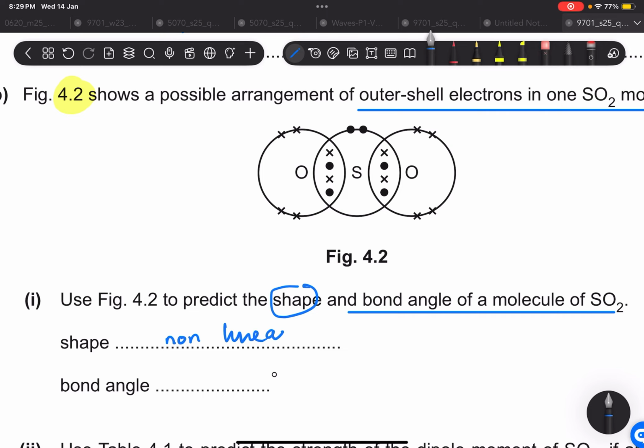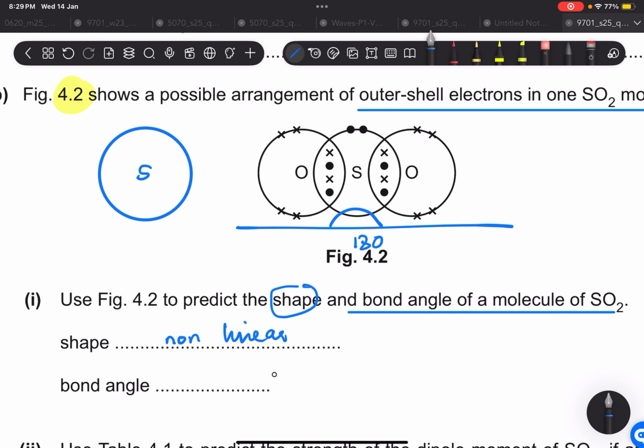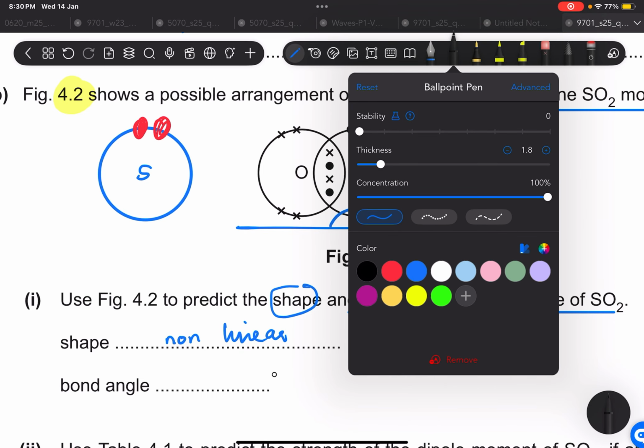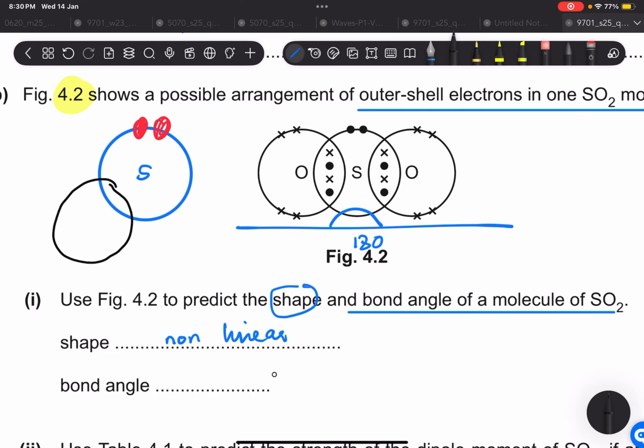Non-linear. And if you want to visualize, they've drawn it in a way that it looks 180 degrees. But in reality, sulfur is going to be here, and this lone pair that's sitting on top is going to push the two oxygens downwards.